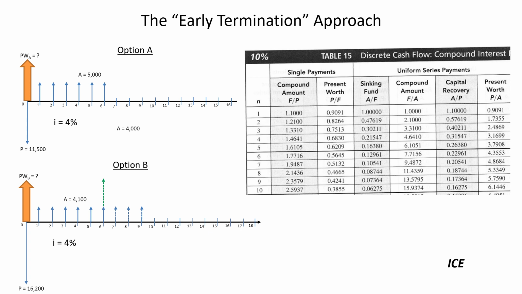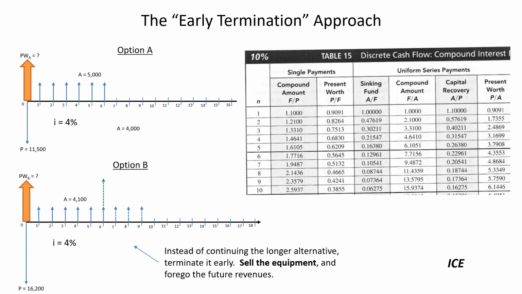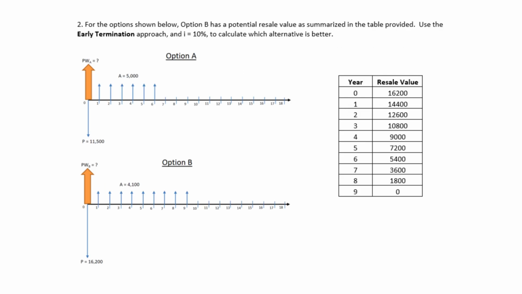And so what you need to do is replace the cash flows that would be coming in for operating the equipment in years 7, 8, and 9 with a single lump sum value that represents the salvage value of the equipment in that year.